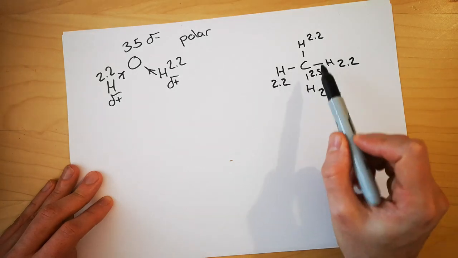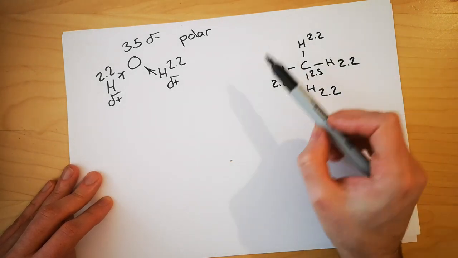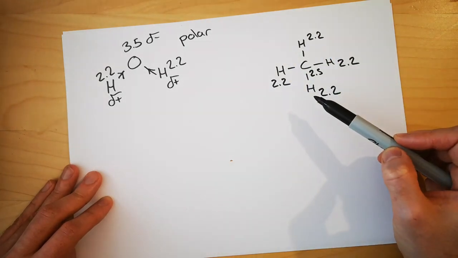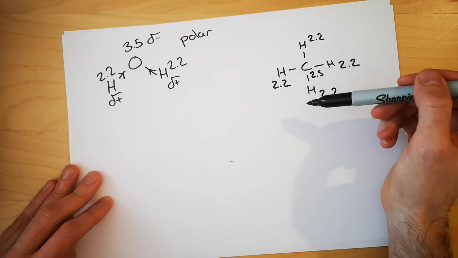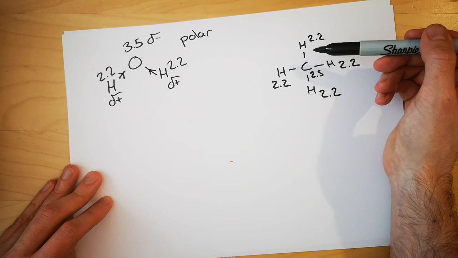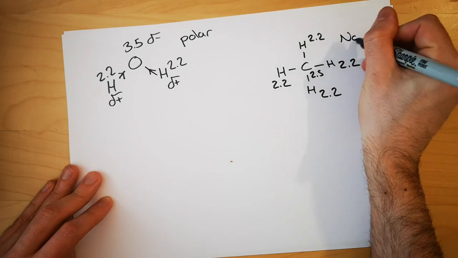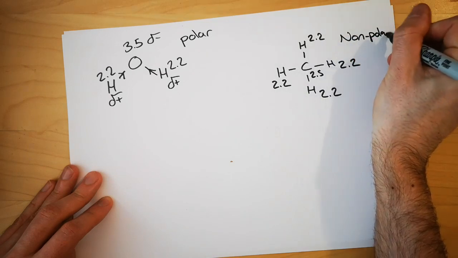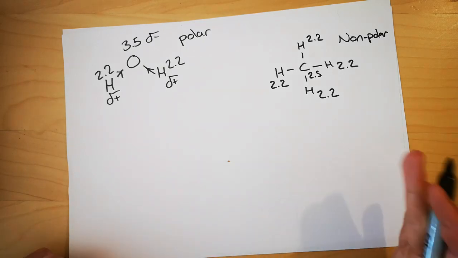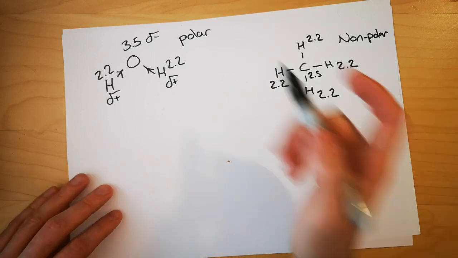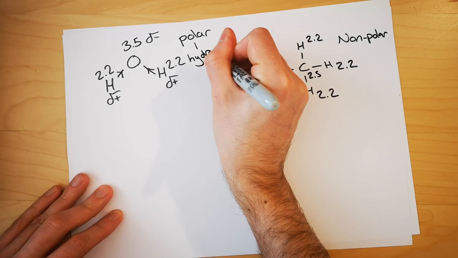However, carbon is going to have slightly more pull than the hydrogen. However, this is compensated by the fact that the molecule itself is symmetrical. So wherever you've got any additional pull, the other side of the molecule is going to compensate for that, meaning overall, this molecule is going to be non-polar. Now, when we talk about something being hydrophilic or hydrophobic, what we're really saying is a molecule that's polar is going to be hydrophilic.